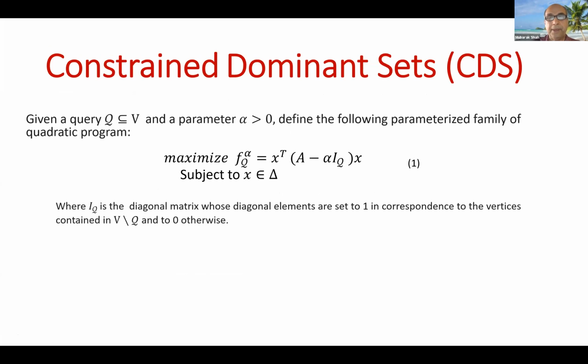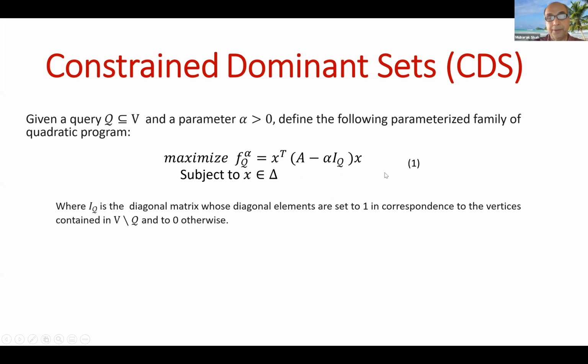Now, constraint dominant set is very similar, except that we are going to modify it. Instead of having just this affinity matrix, we will have this additional term. This I_Q is basically a diagonal matrix, and the elements in the diagonal matrix are 1 for the elements which are not in the constraint set, and 0 otherwise.